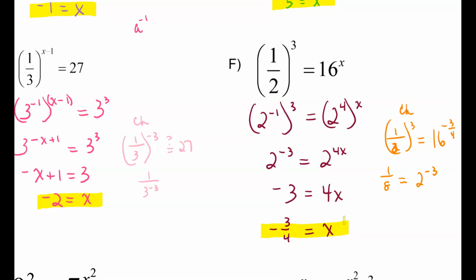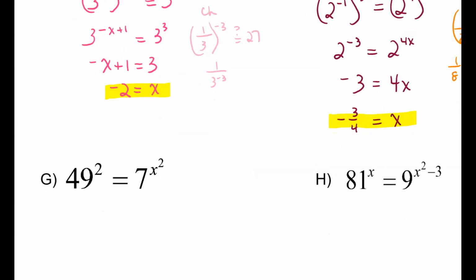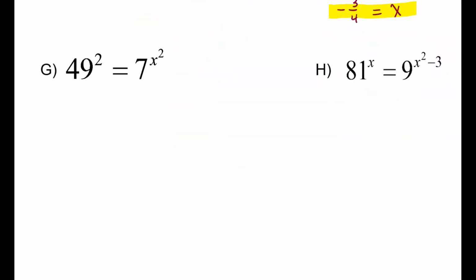All right, how are we doing so far? Okay, so now we've got 49 squared is equal to 7 to the x squared. What changed here? We have squared for x. There is an exponent on the exponent, but the rules work exactly the same way.